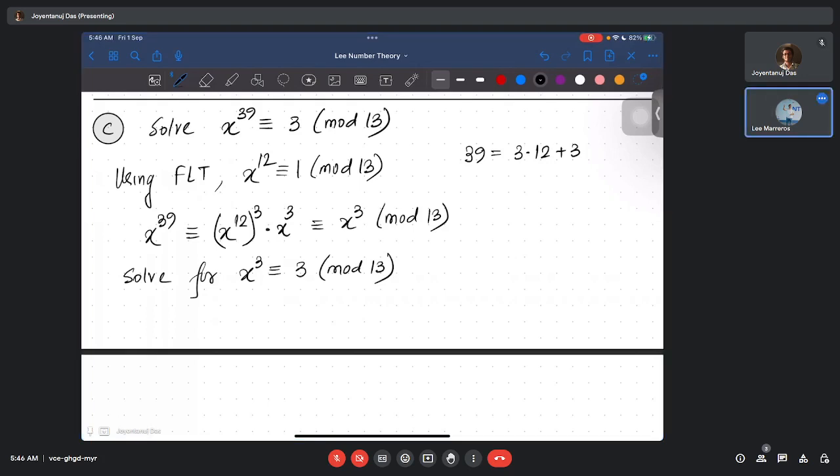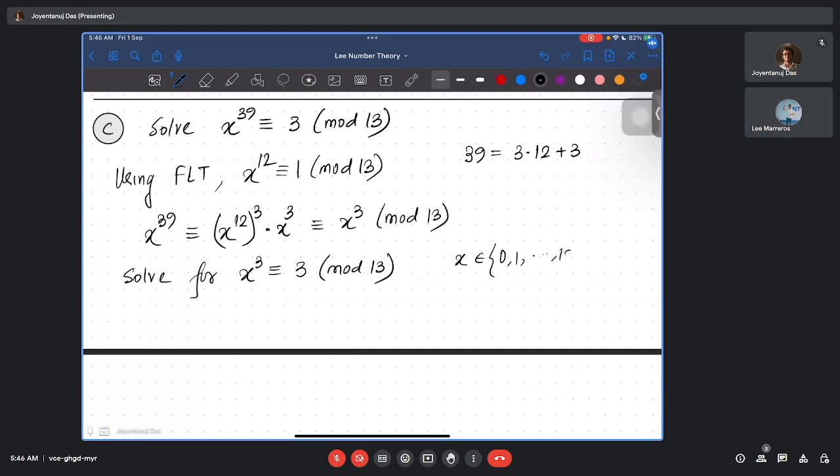Now same thing, we have to check for 0, 1 up to 12, and see which one will work.